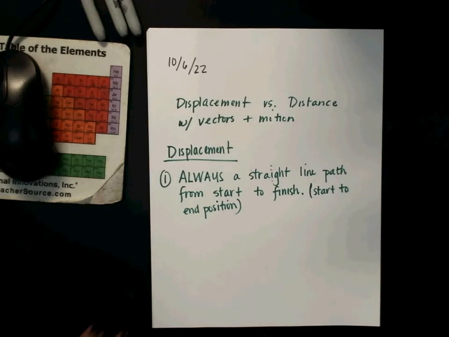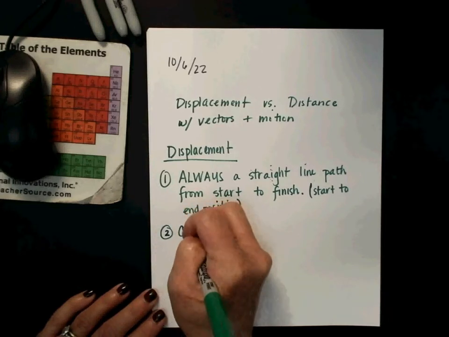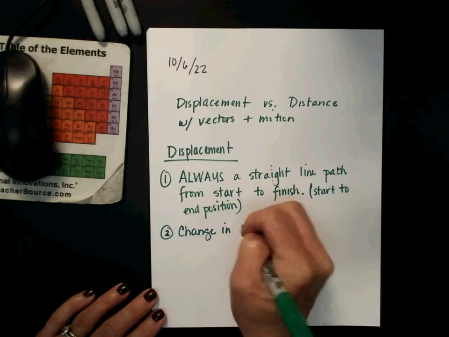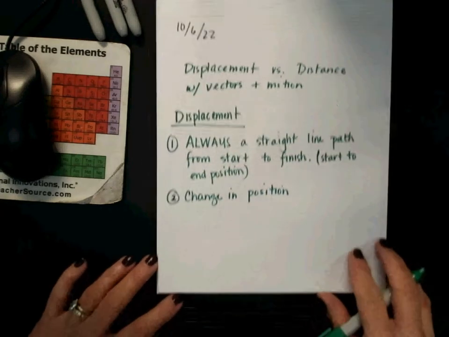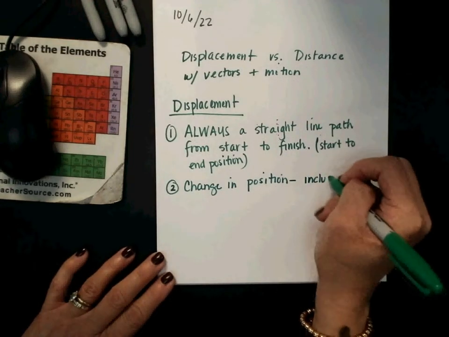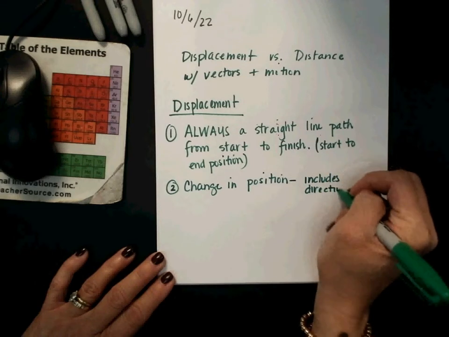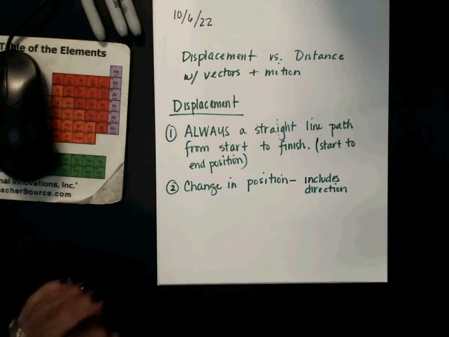Another way to define displacement is change in position. And we must remember it includes direction. So we have to think about that. The symbol for displacement looks like this.